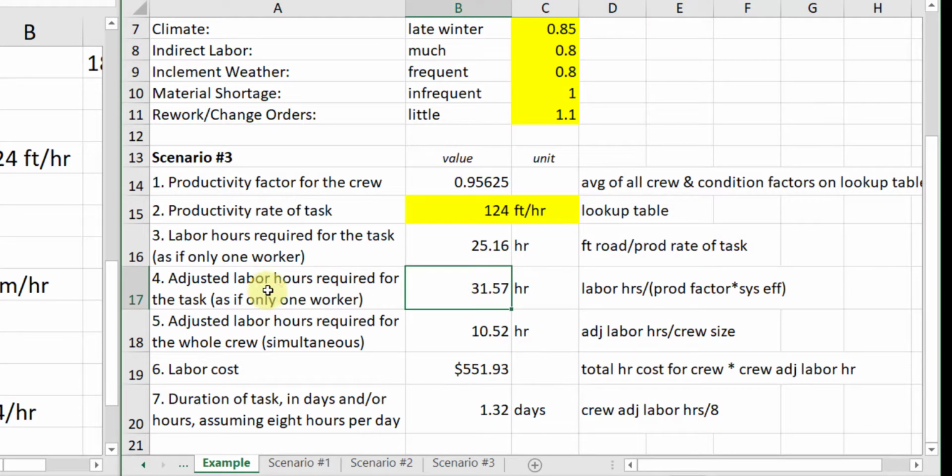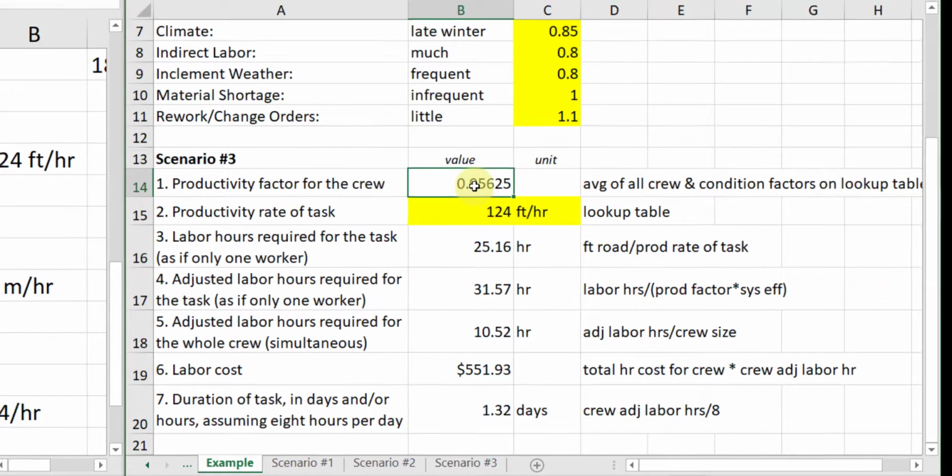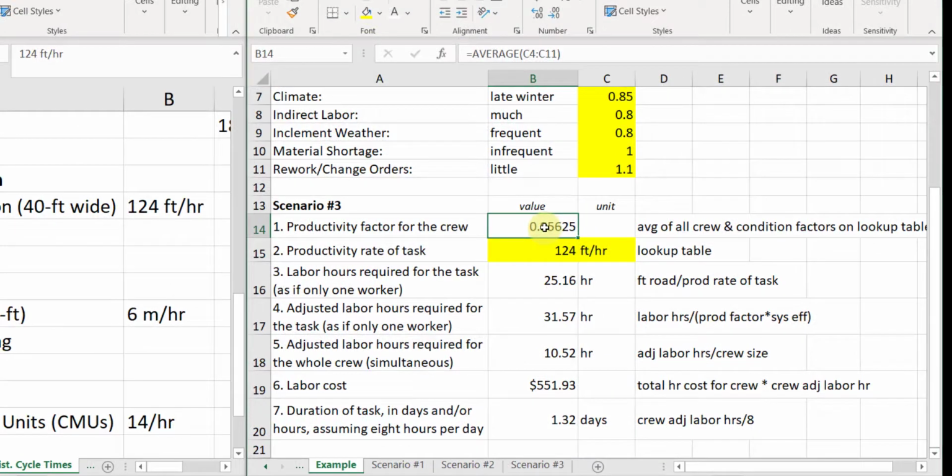So then the labor hours required for the task, as if only one worker. So the labor hours, so we know that it's 25.16 hours to do this job, divided by the productivity factor, which we calculated here, times the system efficiency.